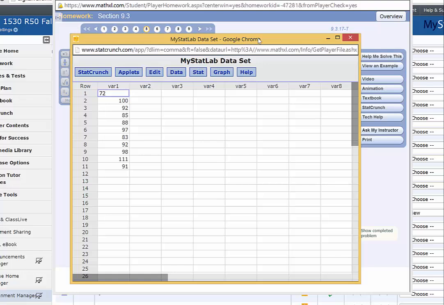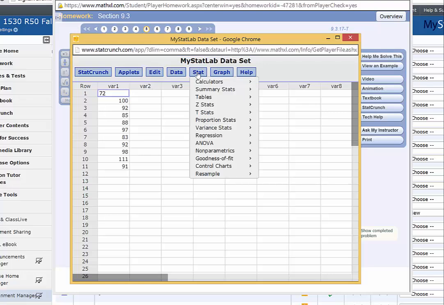We were told that the populations were normally distributed. We're going to note that it told us that we are not to assume that the population standard deviations are equal, which tells us that we will not use the pooled variance when we find the statistics.